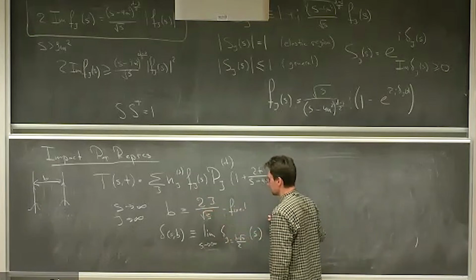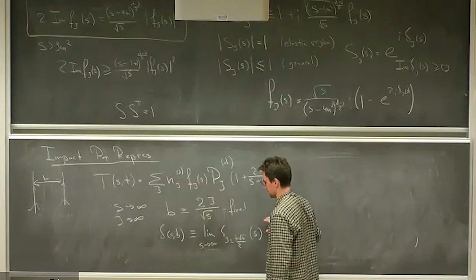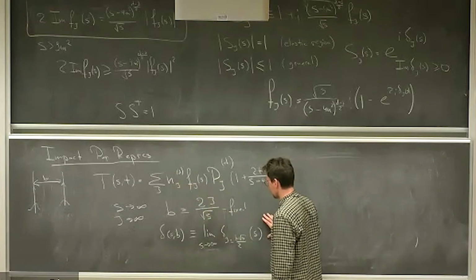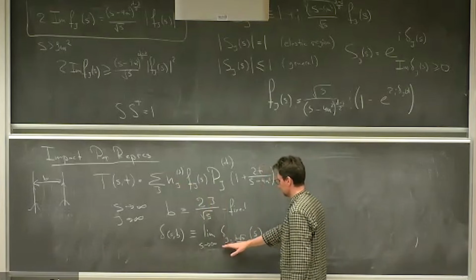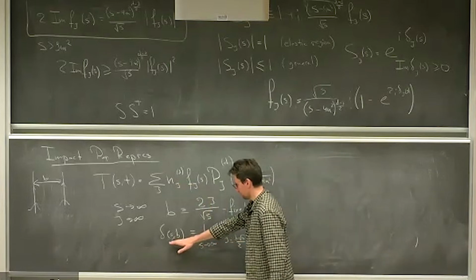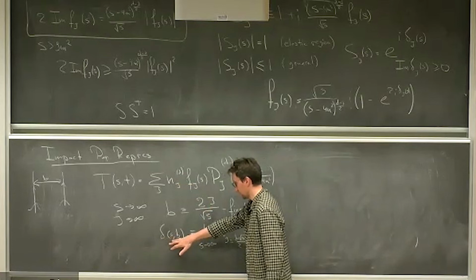The fact that this limit exists is related to the fact that this picture makes sense. But at this point, I'm just postulating for you that this limit exists, and you get some phase shift as a function of S and B.